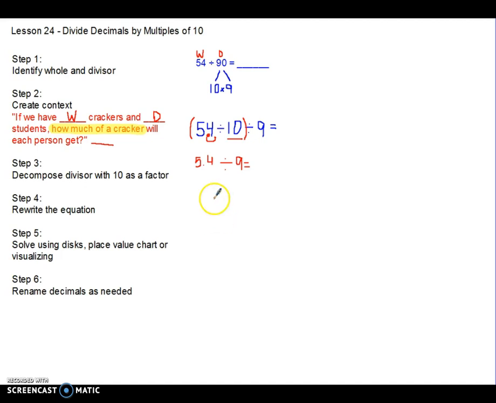Now Step 6 is we want to rename our decimal as needed. My decimal here, 5.4, has its lowest place value in the tenths position, so I'm going to rename my decimal as 54 tenths divided by 9.